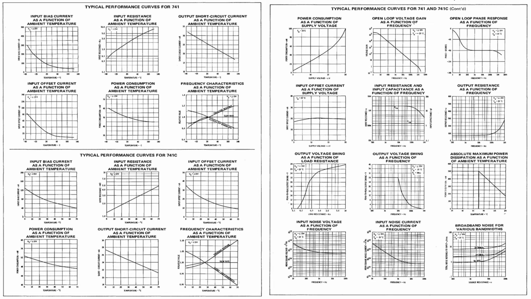Input bias current as a function of ambient temperature, input resistance as a function of ambient temperature, output short circuit current as a function of ambient temperature. So these are directly proportional. This one is inversely proportional. Input offset current as a function of ambient temperature. Power consumption as a function of ambient temperature.